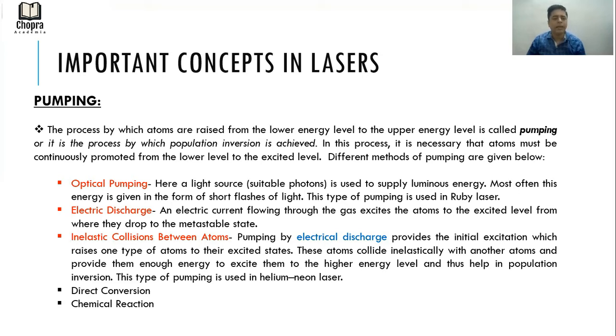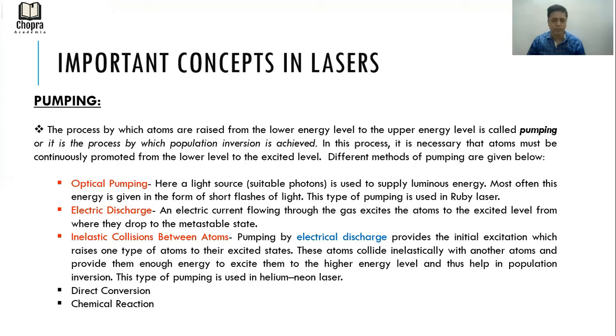The third method is inelastic collisions between atoms. In this case, pumping by electrical discharge provides the initial excitation, which raises one type of atom, if there is a mixture of atoms, to the excited states.